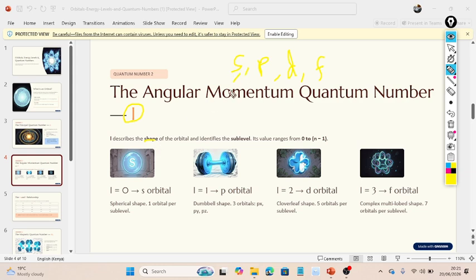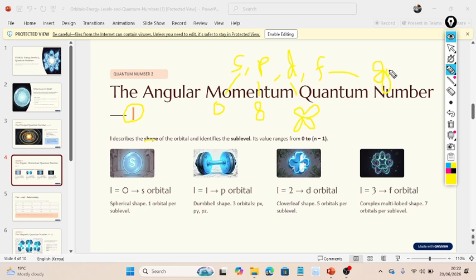So for example, an s orbital is spherical in shape, a p orbital is dumbbell shaped, a d orbital is usually a clove shape like this. These are d orbitals, and then you have an f orbital, which is very complex, a multi-lobed shape. If I can just draw, it looks something like this.